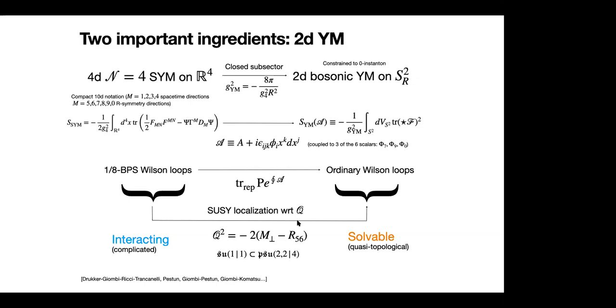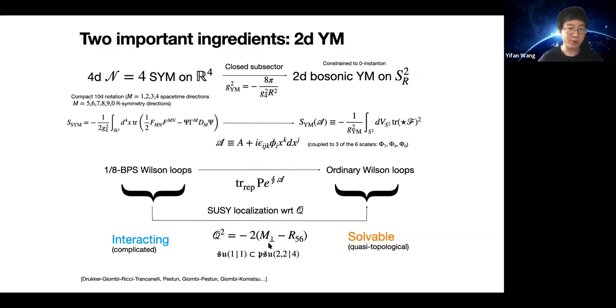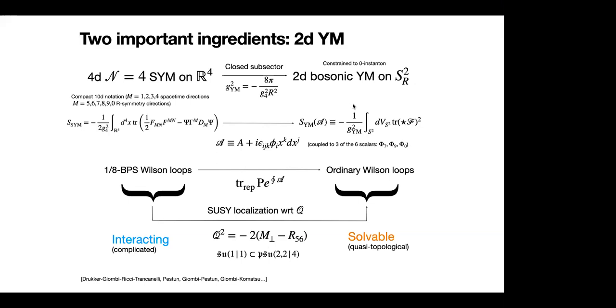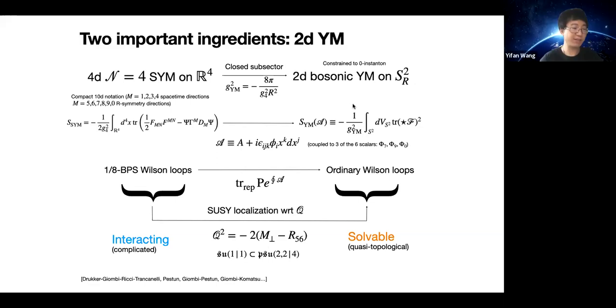What is M perpendicular? So M perpendicular in that flat space language is a combination of K4 and P4. So translation and special conformal transformation in the 4 direction. And if you do the Weyl transformation to S4, that becomes one of the Killing vectors on S4. So this combination of K4 and P4 leaves this S2 invariant? Yeah, it leaves the S2 invariant.